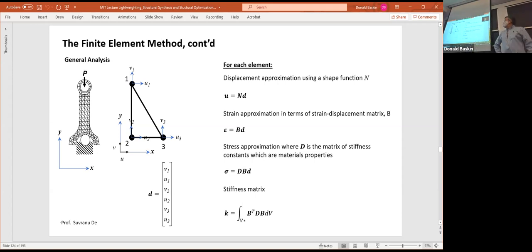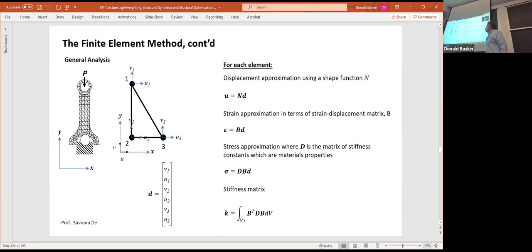Okay, right? And N is some shape function. We're saying if you pull this thing, it's going to deform literally like this, or it could be parabolic, or it could be logarithmic, or a bunch of other functions. It could be a polynomial. N is the approximation of what the people who wrote finite element analysis think is going to happen.